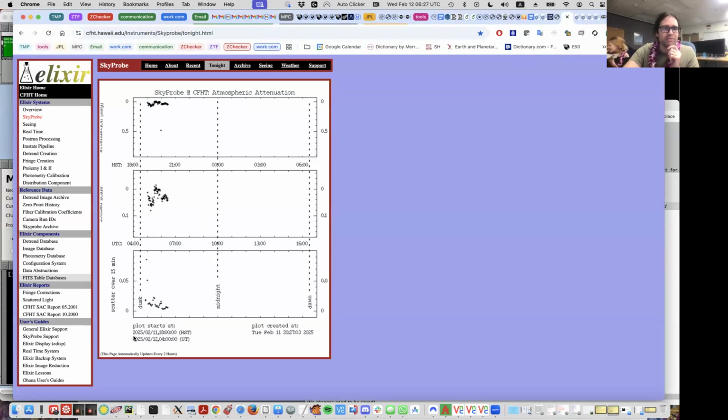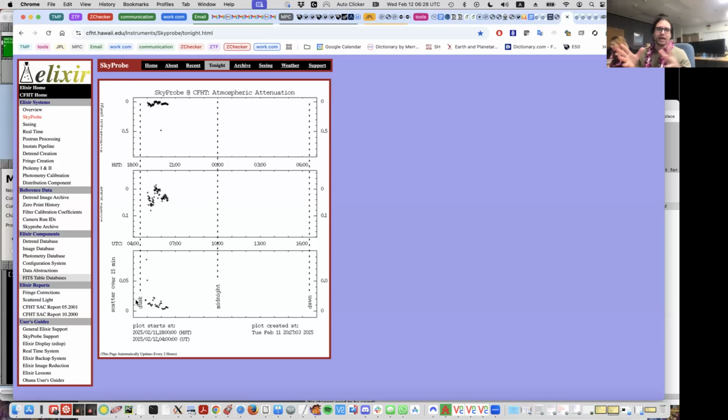These are 3 different zoomed-in versions: one zoomed out on a scale between 0 and 1 magnitude, another zoomed in between 0 and 0.2, and another zoomed in even more between 0 and 0.01. In the most zoomed-in version, we can see the atmospheric scatter is between 0.01 and 0.02 magnitude, which is very small. So the scatter in your photometry from differences in atmospheric attenuation over time is on the order of 0.01 to 0.02.